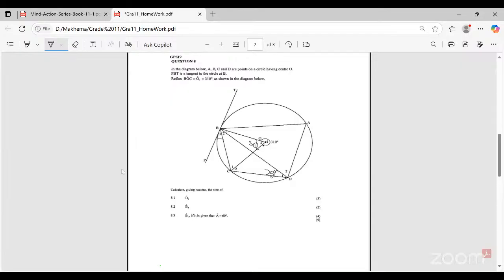Are you guys still there? Yes, sir. I only hear you saying yes, sir. Are others still there? Yes, sir. Okay, thanks for the feedback. Now I was asking, guys, anyone with some idea of how we can find the size of angle B3?